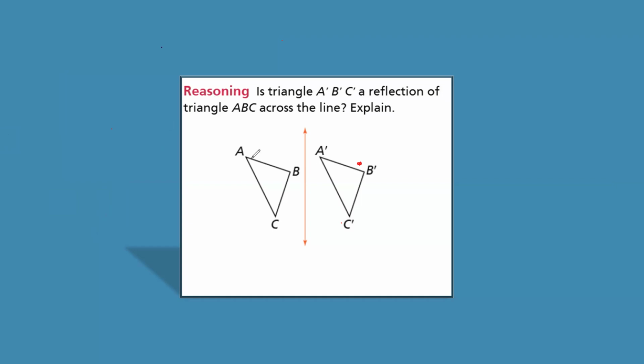So is the distance from A to the line of reflection the same as from this line to A prime? This is short from the line to A prime, and from this line to A it is long, correct? So are they the same distance? No. So the answer is no, they are not. Why? Explain.